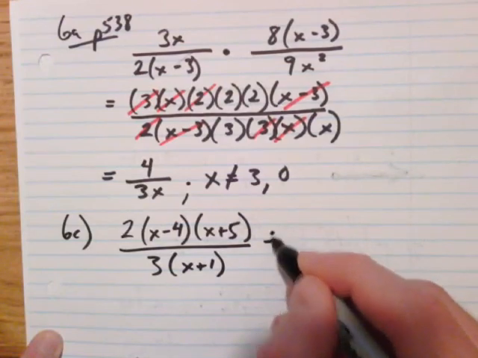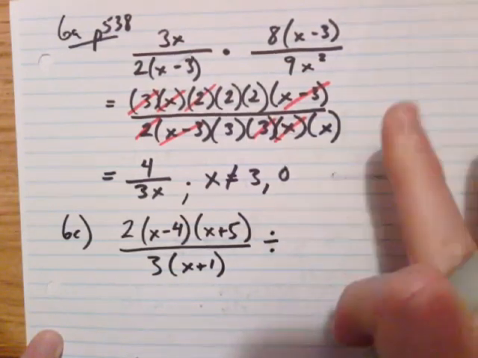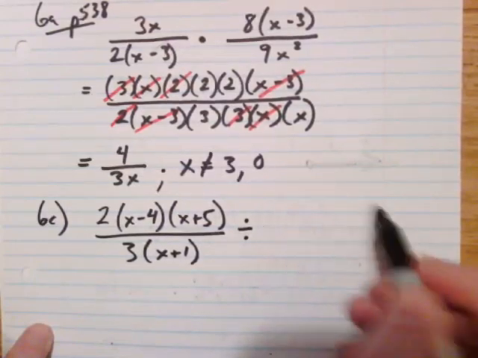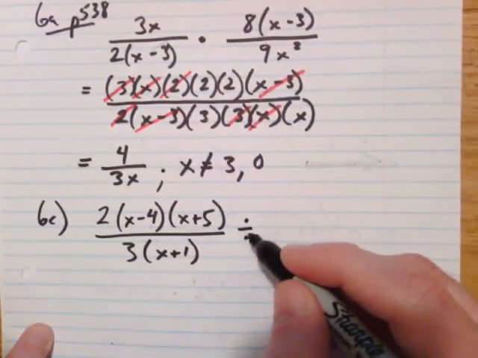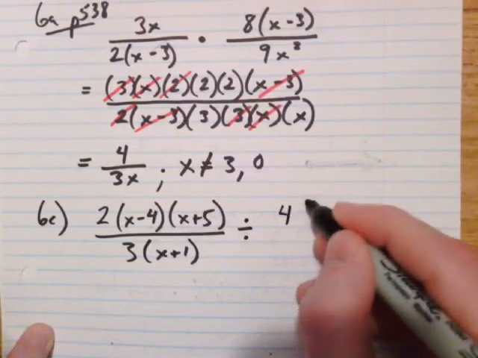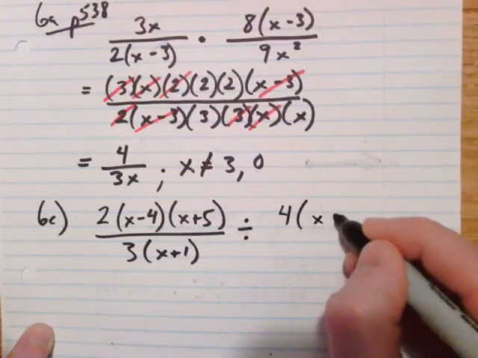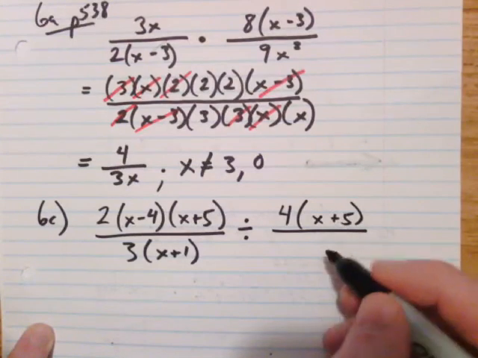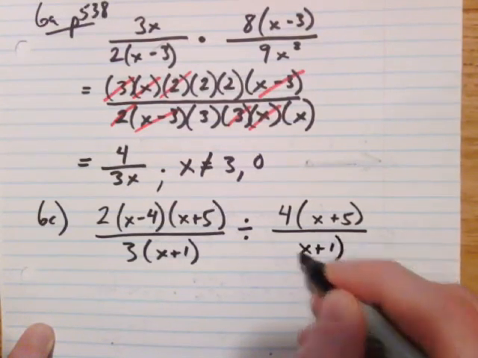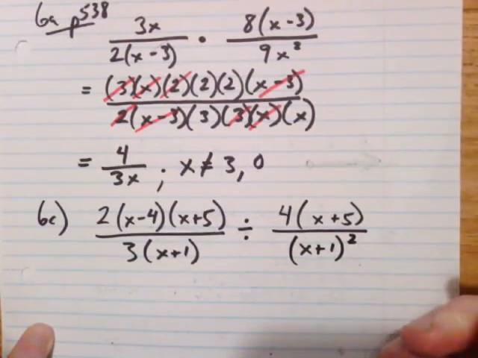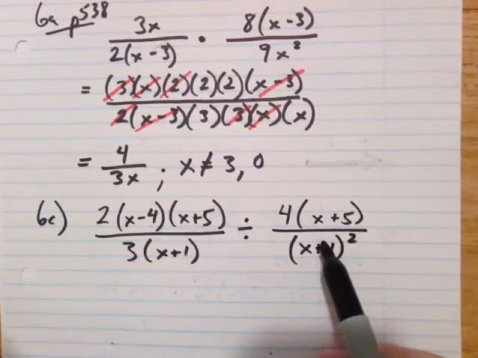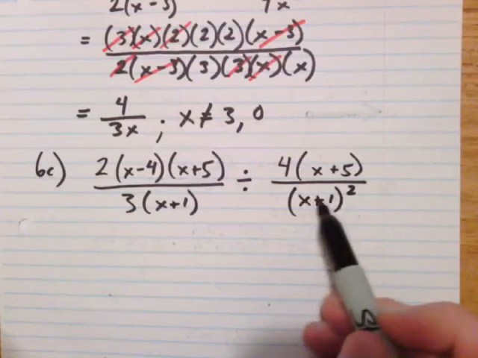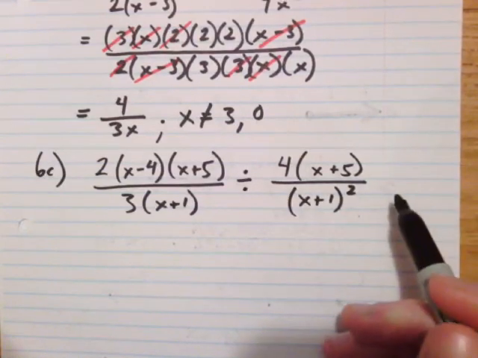Now it's divided by, which means you should have buzzers going off in your head. I have to pay attention to what's on top as well for non-permissibles. 4 times x plus 5 over x plus 1 squared. Cool. So I'm going to flip these, and I'm going to spread this one out, and I'm going to spread the 4 out.